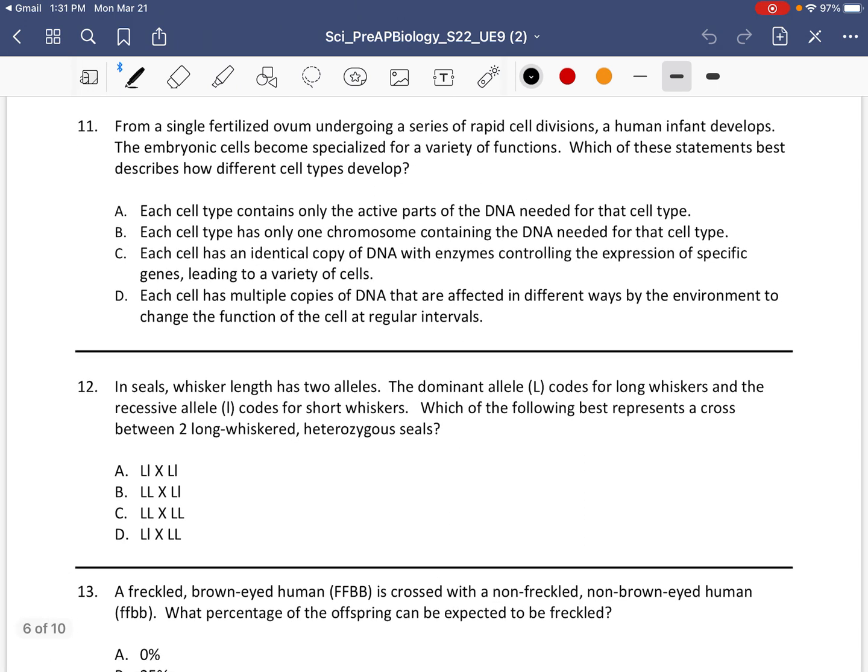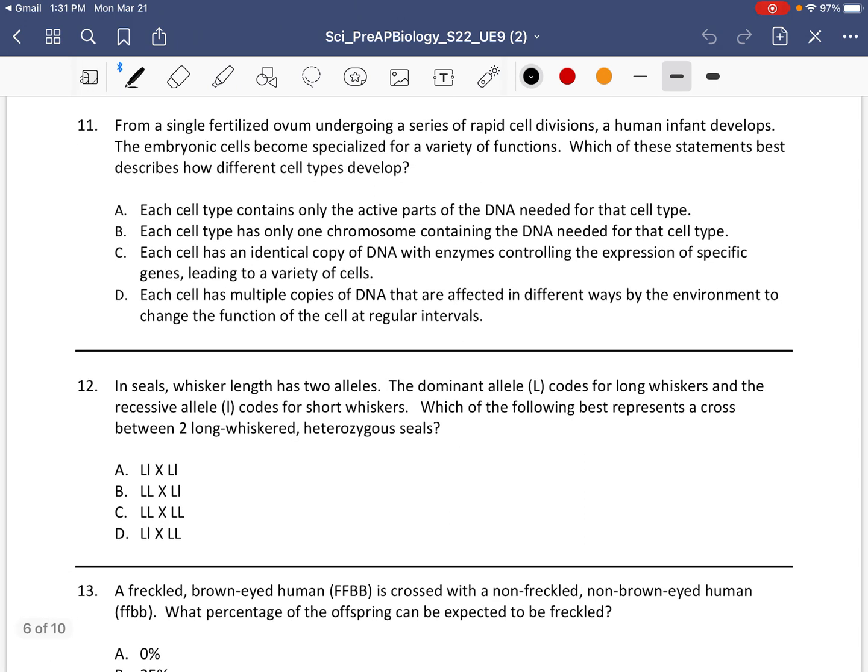Question 11. From a single fertilized ovum undergoing a series of rapid cell divisions, a human infant develops. The embryonic cells become specialized for a variety of functions. Which of these statements best describes how different cell types develop? A. Each cell type contains only the active parts of the DNA needed for that cell.